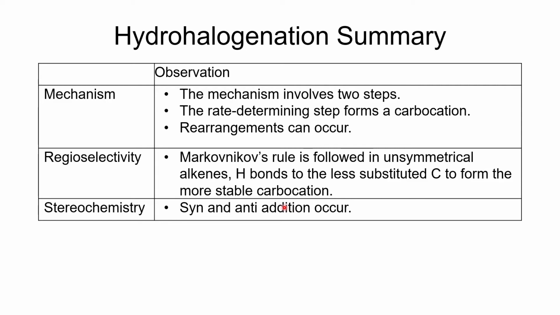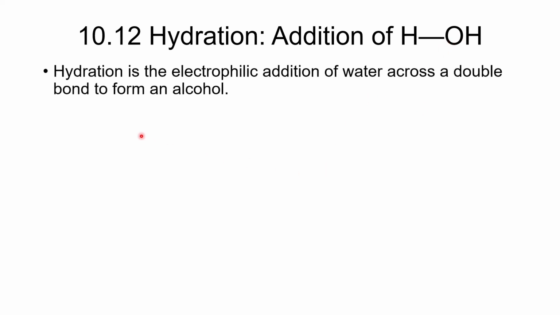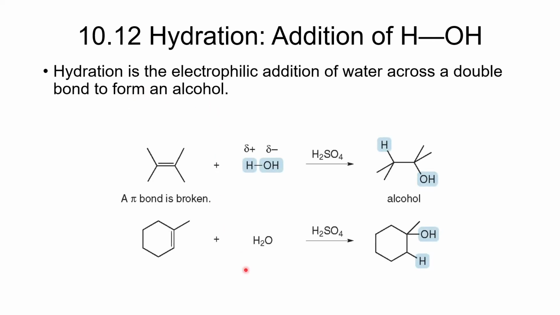Our next reaction is hydration. Hydration is an electrophilic addition, just like with the hydrohalogenation, except this time we're adding HOH, that's H2O for those playing along at home. It's where we add water across a carbon-carbon double bond, and we form an alcohol.